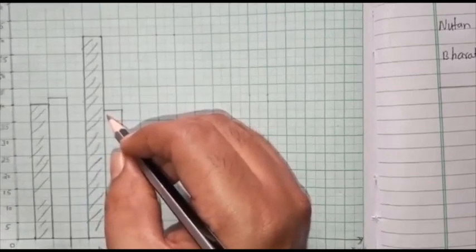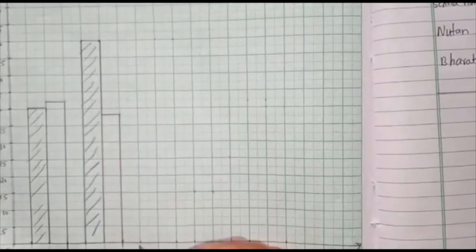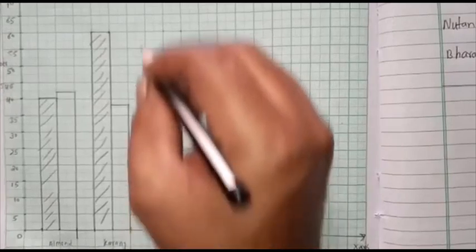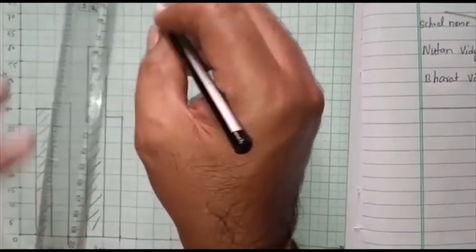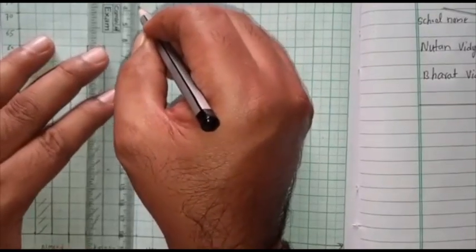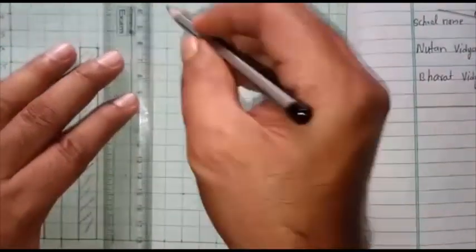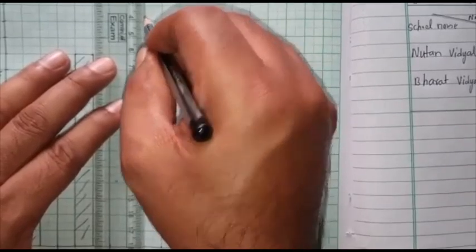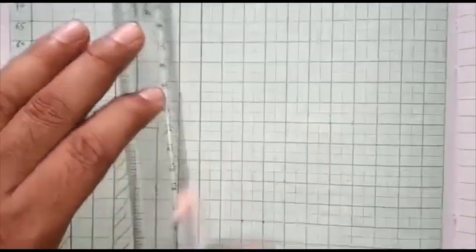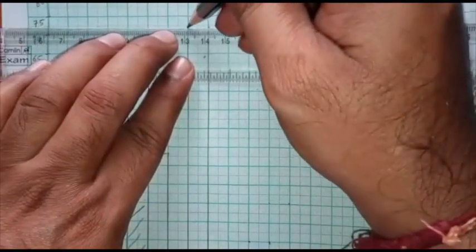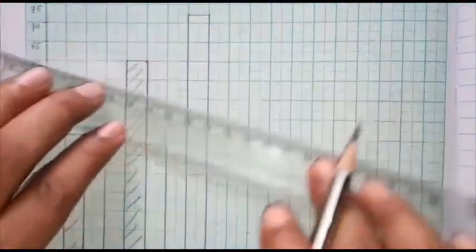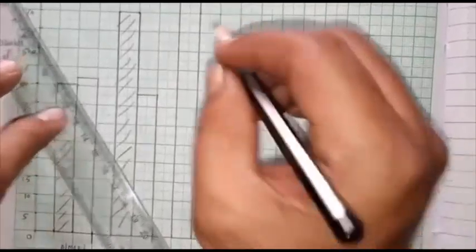Now come to the neem tree. For the neem tree, it is 72. So this one is 70 and here 4 boxes. So that is 72. Draw the graph for the neem tree. Next for the Bharat Vidyalaya it is 60.